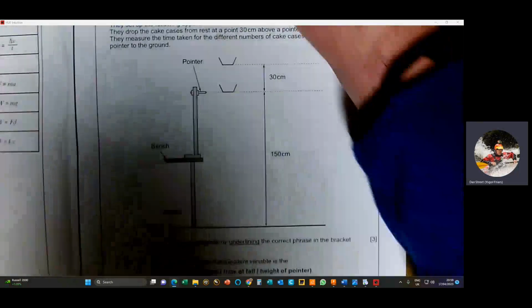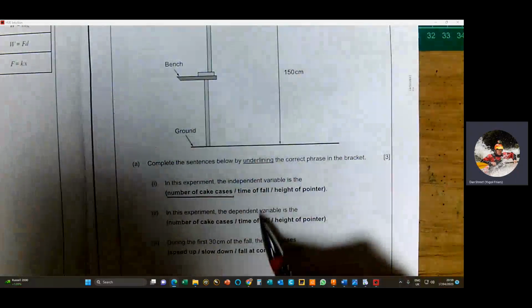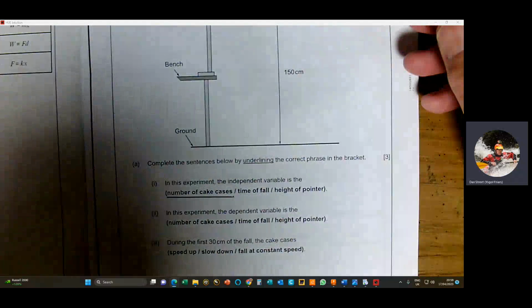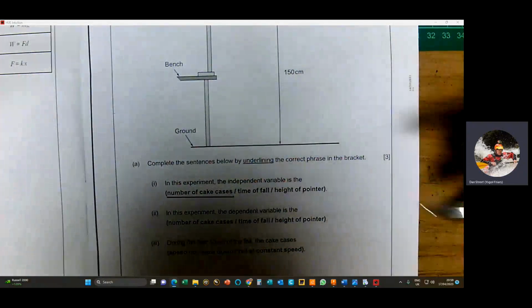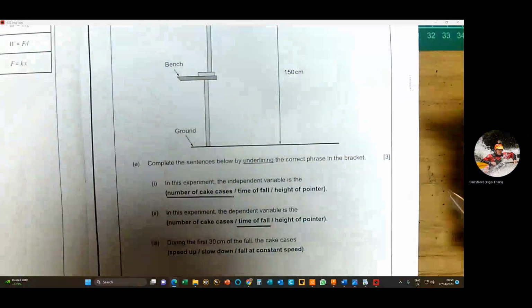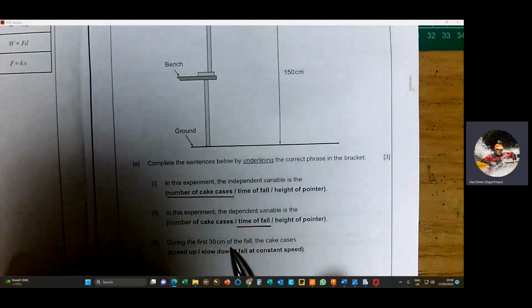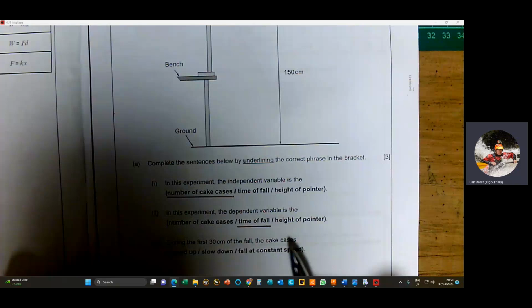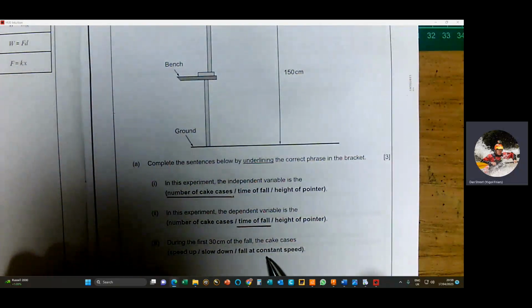Second part of this question asks us, in this experiment, the dependent variable is what? Okay, and so in the experiment, they were timing how long it took for the cake cases to fall. So in this case, it is the time of the fall. And then the final part, during the first 30 centimeters of the fall, the cake cases speed up, slow down, or fall at constant speed.